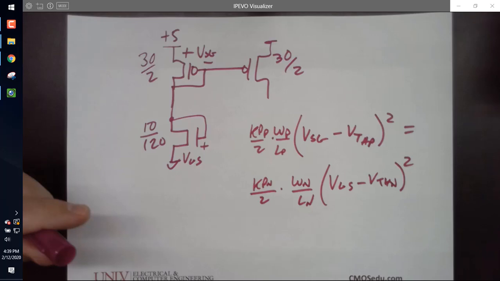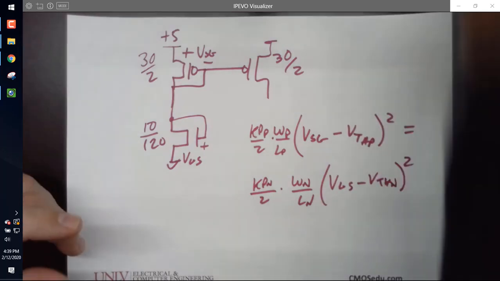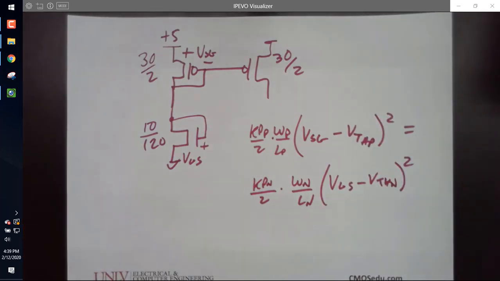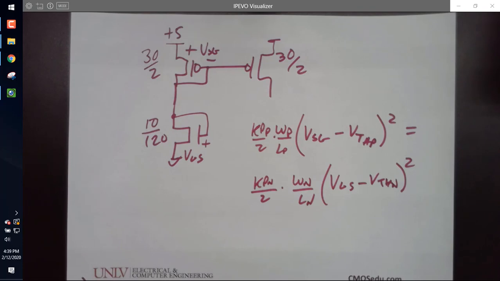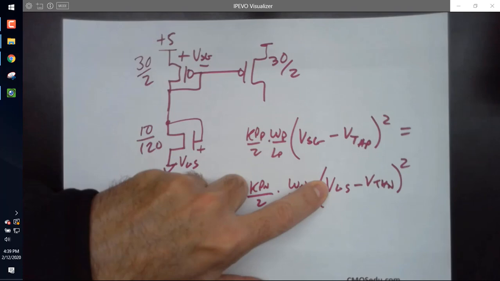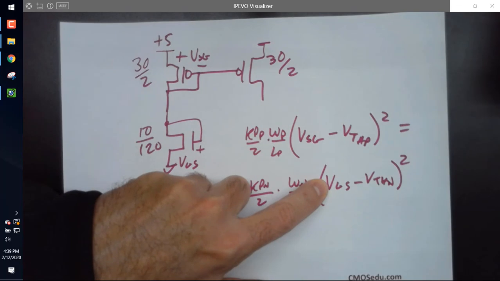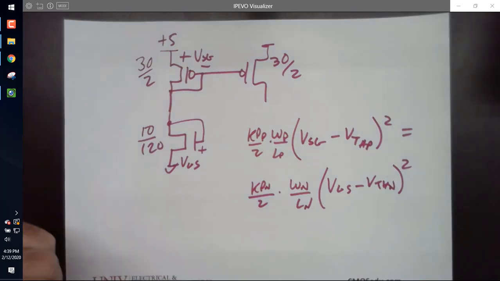And let's get blue out. Tell me what to do. How many unknowns do I have here? Well, I have VSG and VGS, so why don't I make them one unknown with another equation? All right, I can do this and it'll look easy. I want you to tell me how you're going to do it.